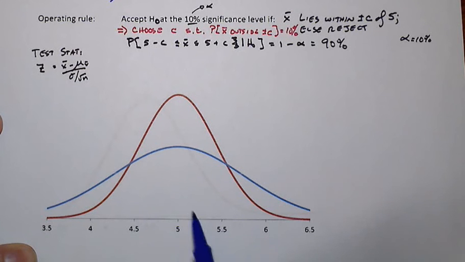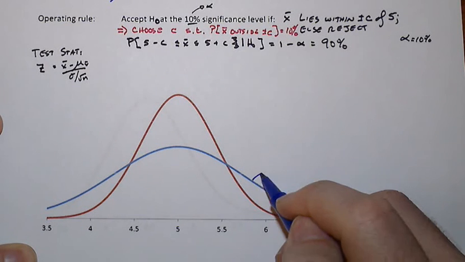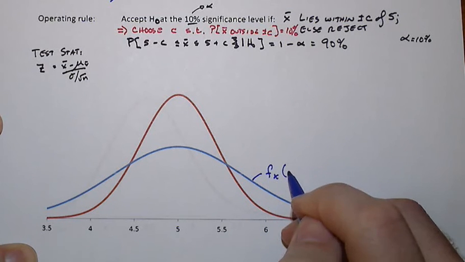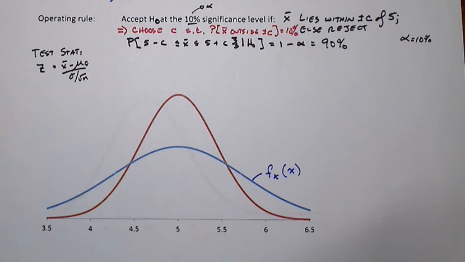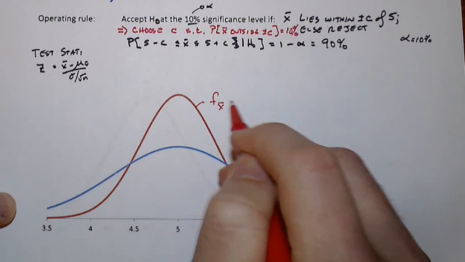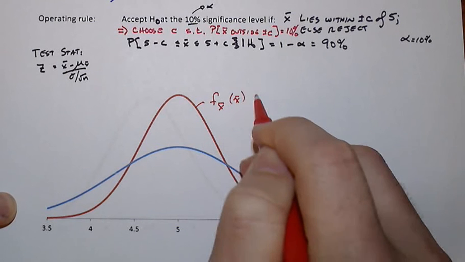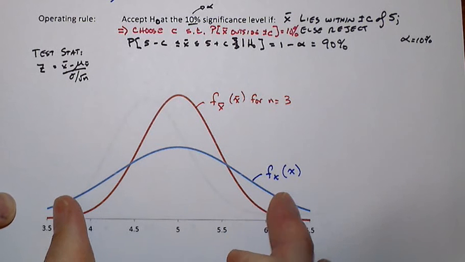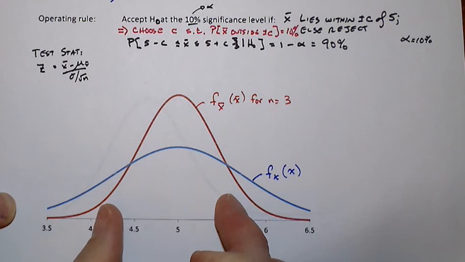Now the two curves we have here, this first one is just our normal distribution on X itself. And notice that as we go to the sample mean in its distribution for n equal to 3, it gets narrowed up from the outer one to that one.